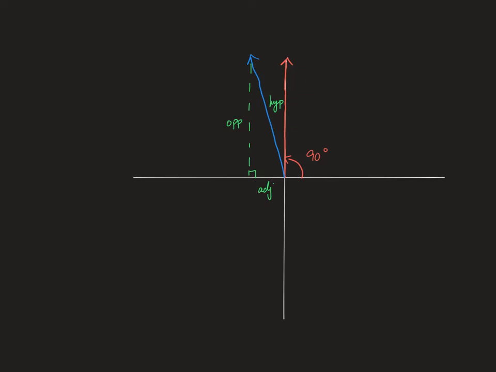Well, hopefully we can see that if my terminal arm was completely vertical, then I would have no adjacent side. And if I have no adjacent side, then I can plug in the value of 0 for that adjacent side. Well, if that side's 0, then why don't I work with the easiest numbers I can for the others?